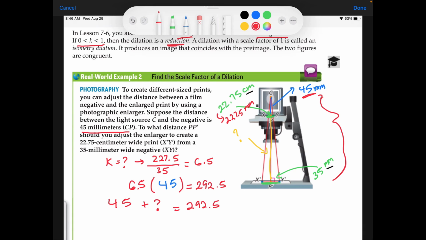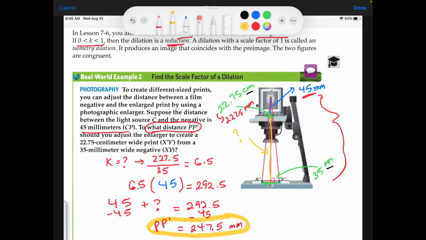We're looking for the yellow part. So we're going to subtract 45 from the entire distance to get our final answer. What we're looking for is P to P prime. What distance is P to P prime? When I subtract those two numbers, I get 247.5. And this is all in millimeters. That'll be our final answer.